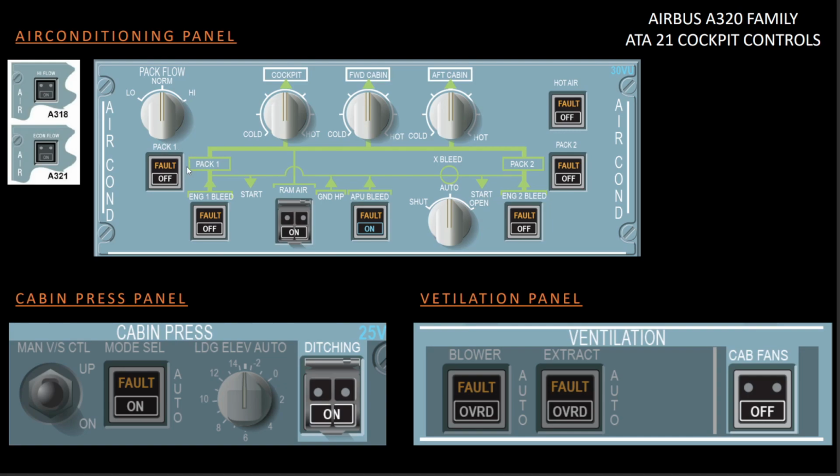So compressor discharge temperature overheat, that is at 260 degrees, you will have this fault light. If the aircraft is on ground, in that case the flow control valve will also close, but if the aircraft is in air, the fault light you will get here, but the valve will not close.